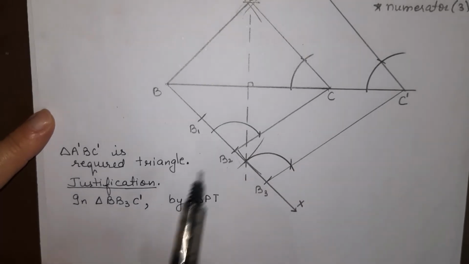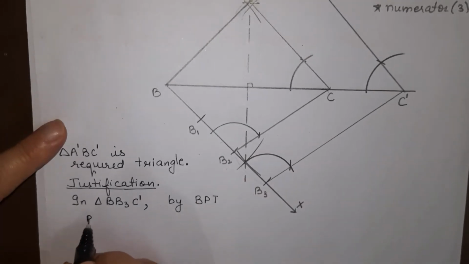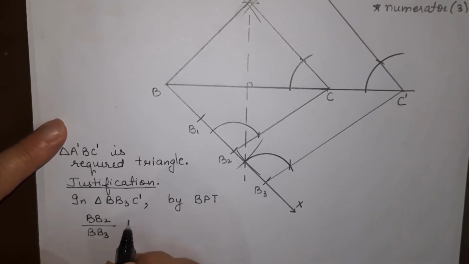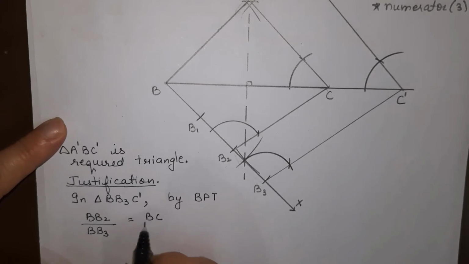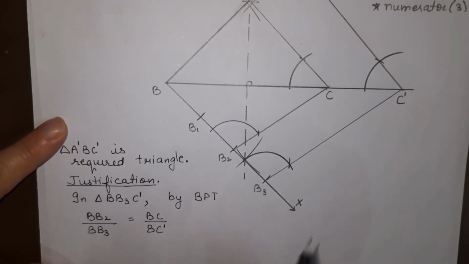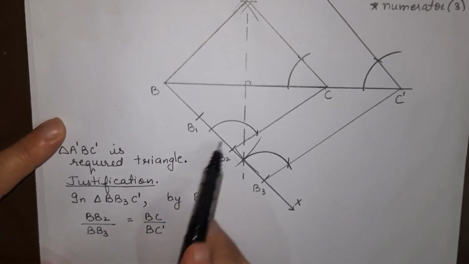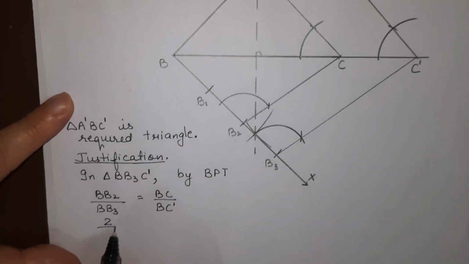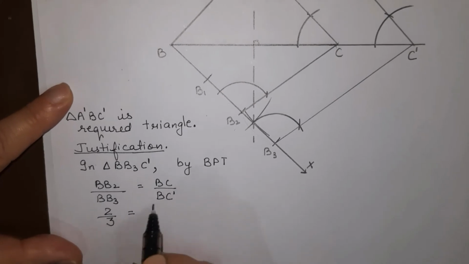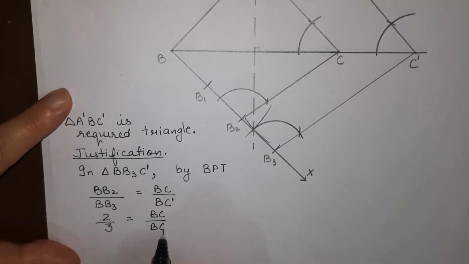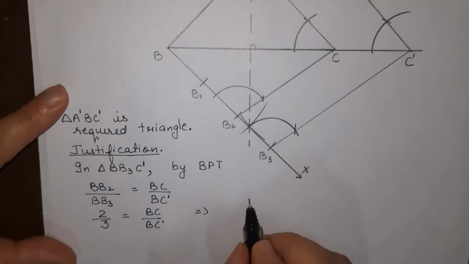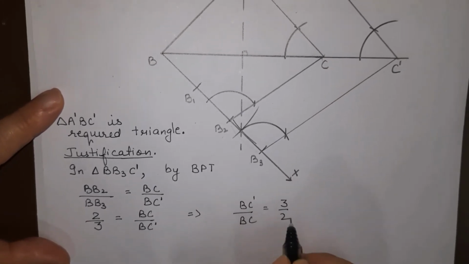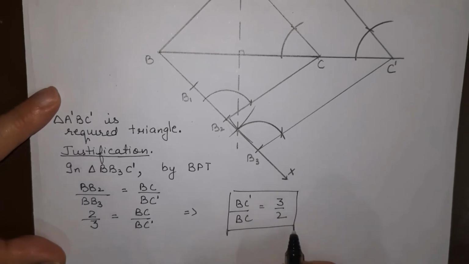So therefore by basic proportionality theorem, we have BB2 over BB3 equals BC over BC dash. Now BB2 means 2 steps and BB3 means 3 steps. So this is 2:3 equals BC over BC dash. Now this implies that BC dash over BC is 3/2. So we will use this.